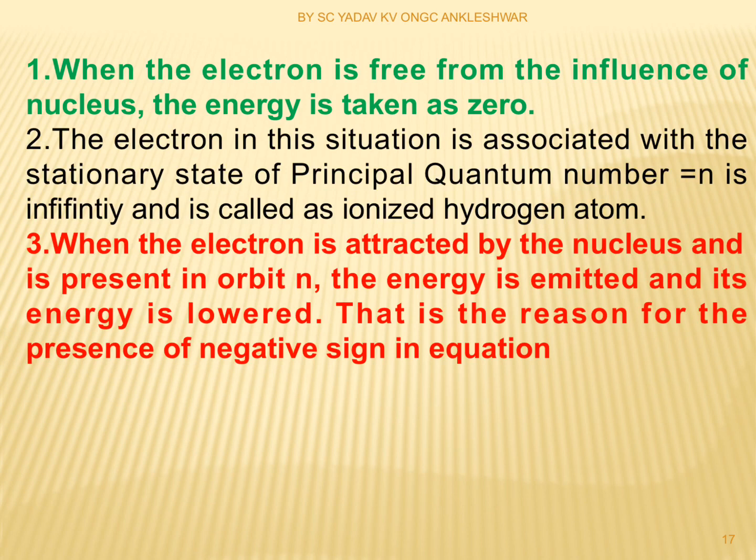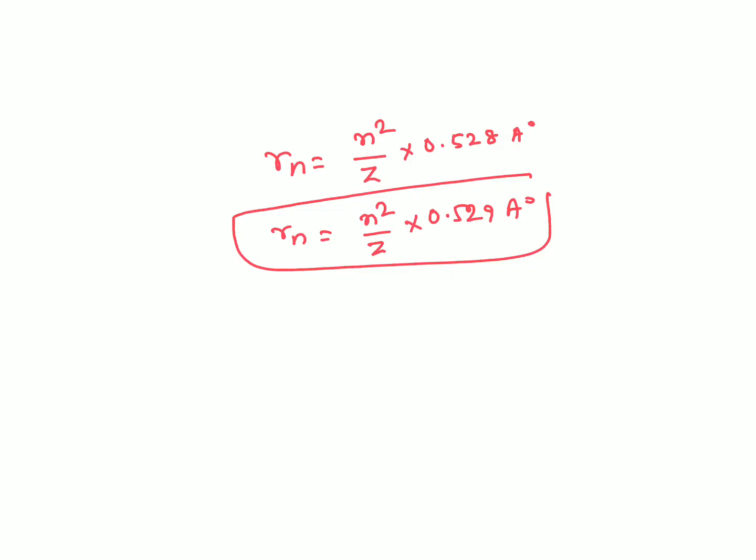And when it approaches near to the nucleus, what happens? The electron is attracted by the nucleus, energy is emitted and energy is lowered. So when energy is lowered, its value from 0 becomes negative. So the negative sign is used here. Is it clear?